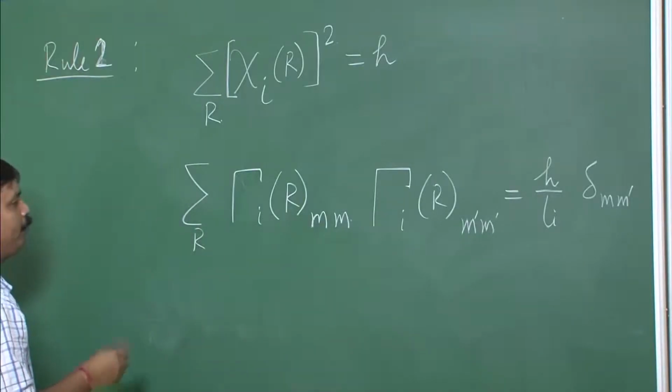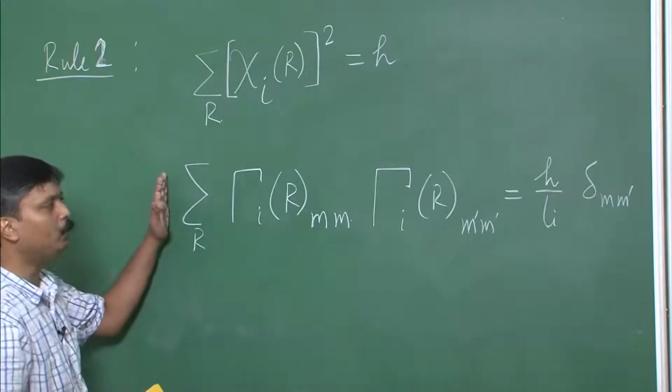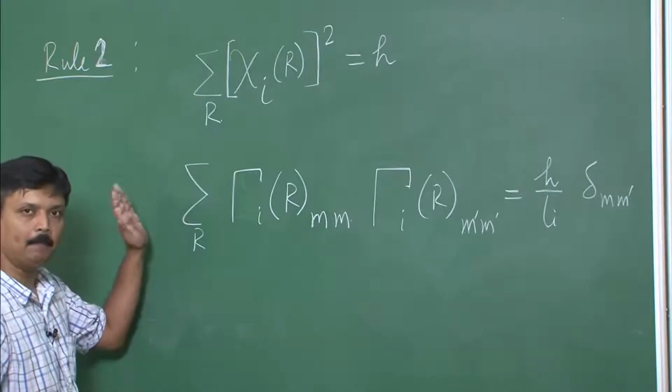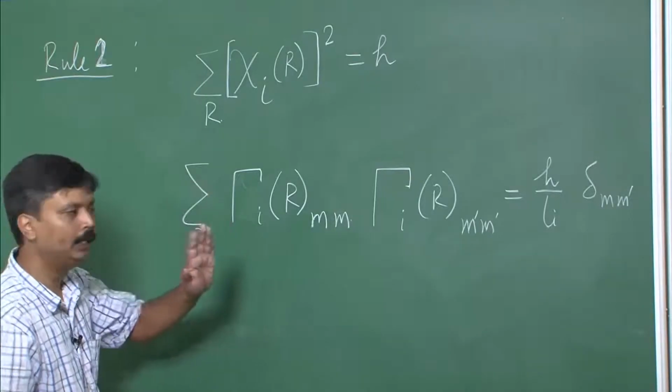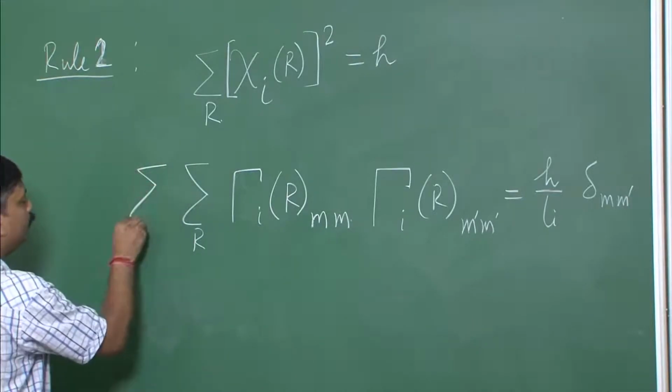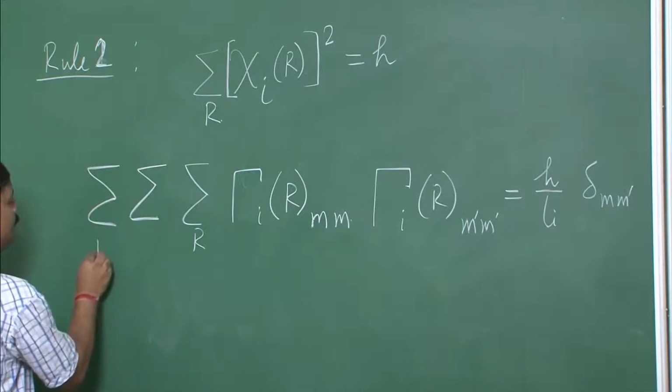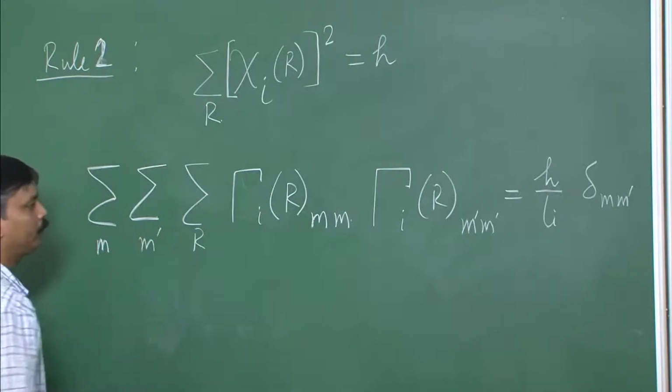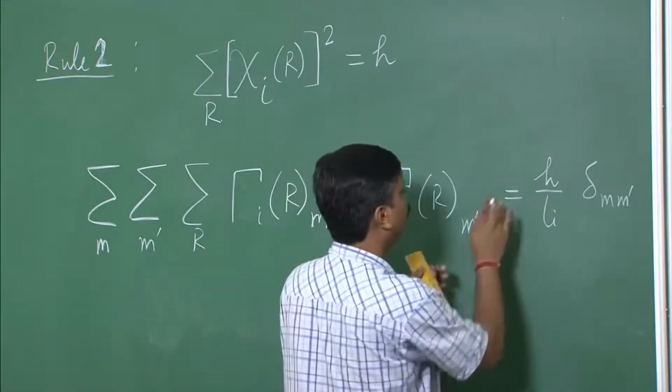If I sum it over m and m prime separately on both sides, then let's see what happens.